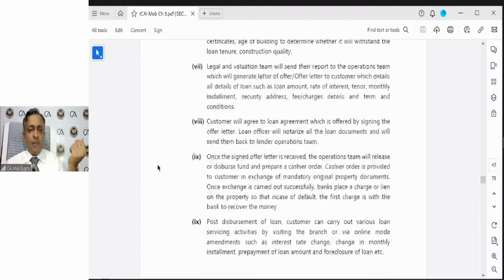The customer will agree to the loan agreement by signing the offer letter. The loan offer is notarized. This is important. Notarizing means marking it for legality of the loan documents, and then it is sent to the operations team.